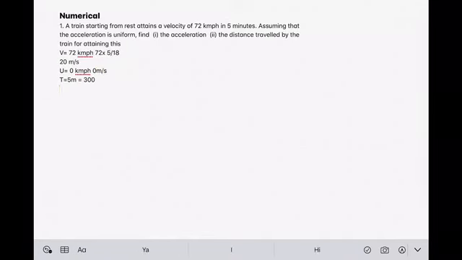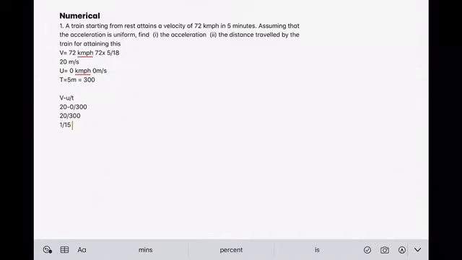Now for the fun part, using the acceleration equation to find the acceleration. So we're going to use v minus u upon t, which will be 20 minus 0 upon 300, which will equal to 20 upon 300, or 1 upon 15.